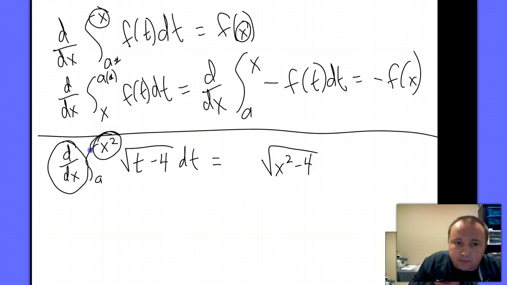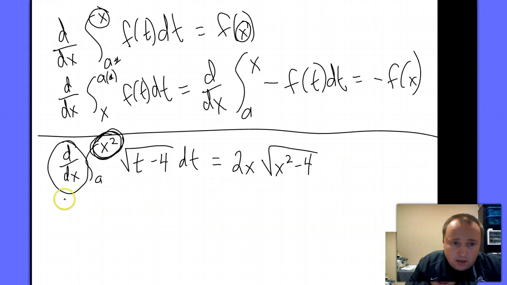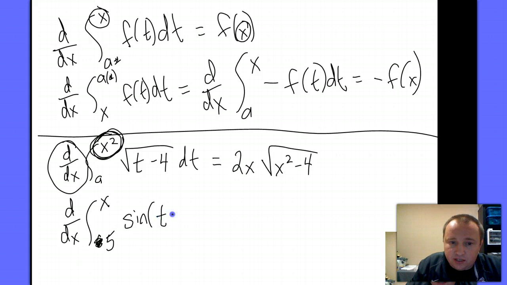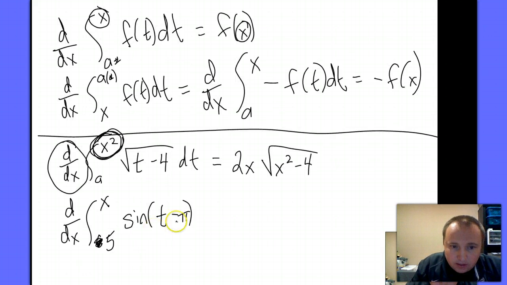Whenever you take the derivative of something, you have to do the chain rule. Chain rule says that you need to multiply it by its derivative, and the derivative is 2x. That's it. The simple case would look like this: what if I had an integral from a number, let's say 5, to x of sine of t minus pi dt?